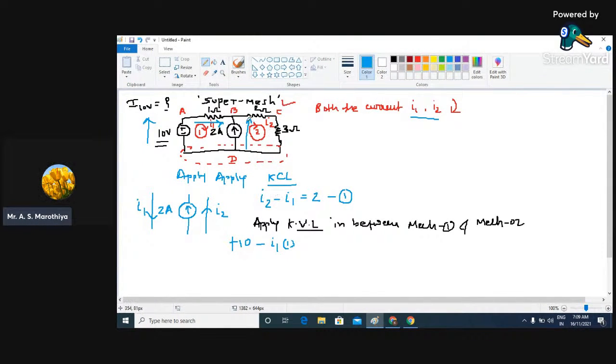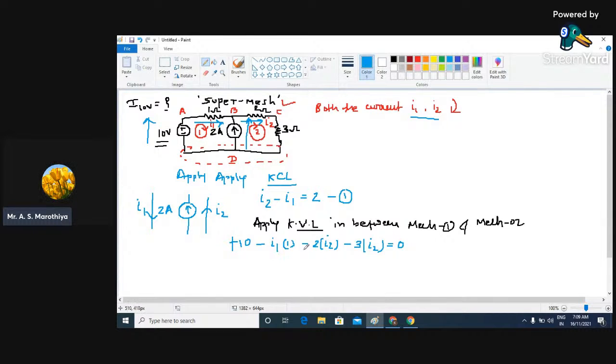Then we jump and enter the second mesh. Again we are moving in the direction of current, so we experience a voltage drop, that is minus 2 into I2. And then again a drop of 3 into I2, and then we have to close the path.